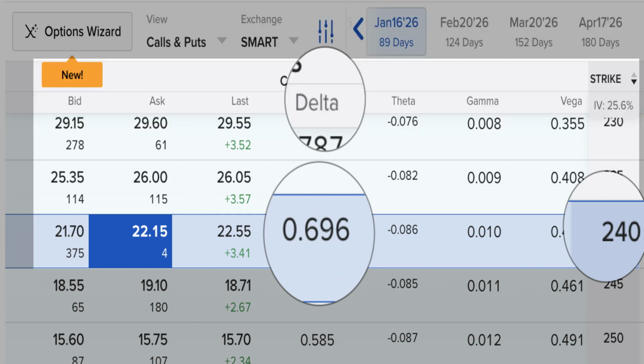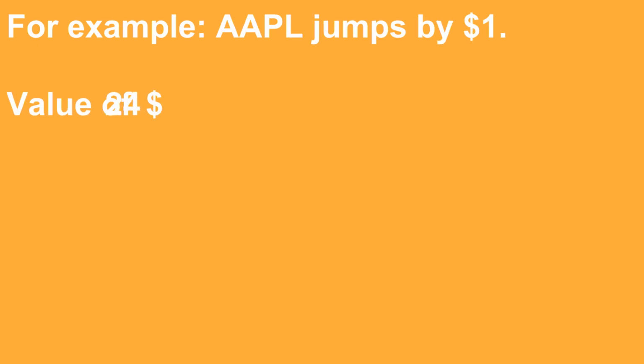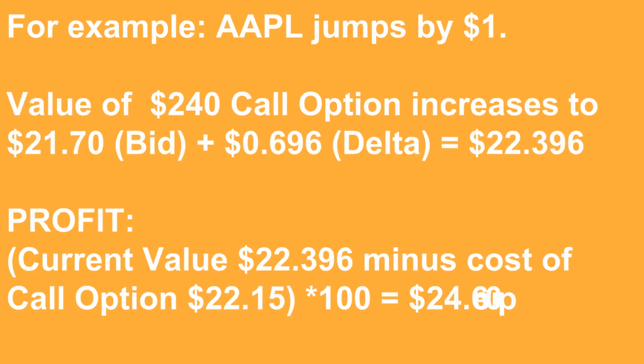For example, if the share price of Apple goes up by $1, the value of our call option will go up by the bid price of $21.70 plus the delta of 0.696, which will give us $22.396.